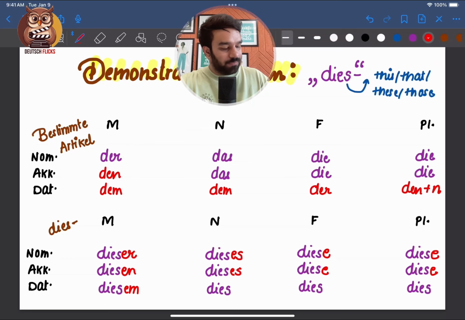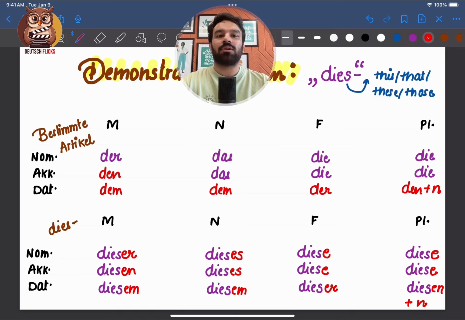Diesem, diesem. Now feminine die changes to der, so it becomes dieser. And plural die to den, so these will be diesen. And we cannot forget this extra n that we have to attach to the noun. So we are done creating the tables, and now we can take a look at some examples.